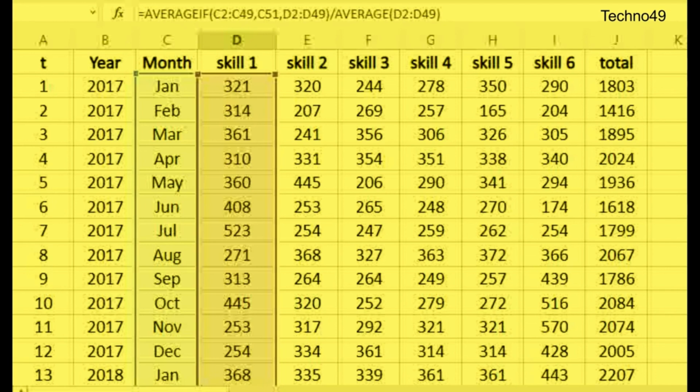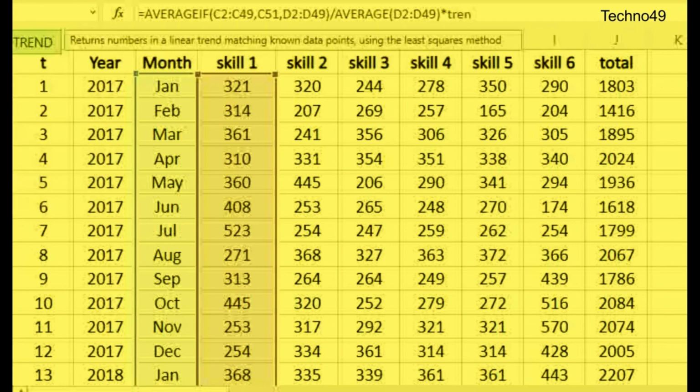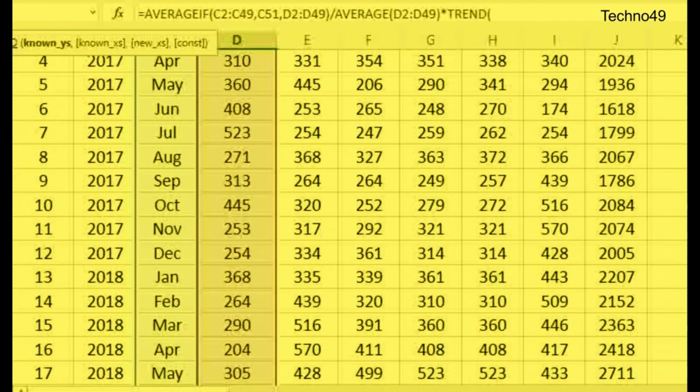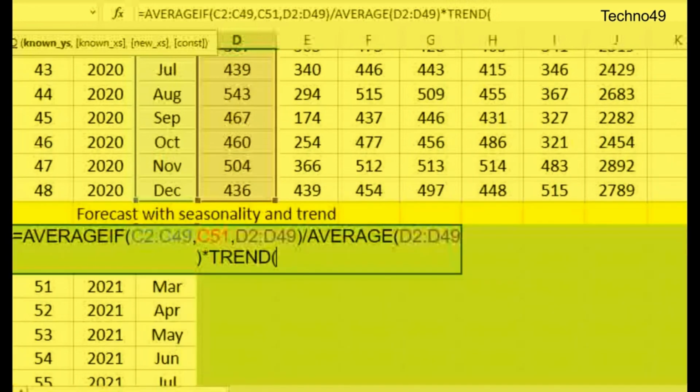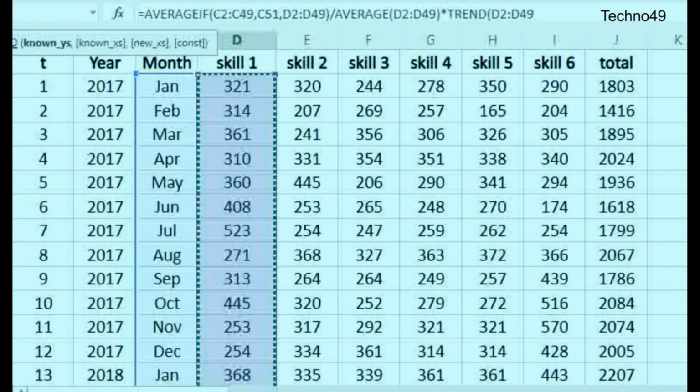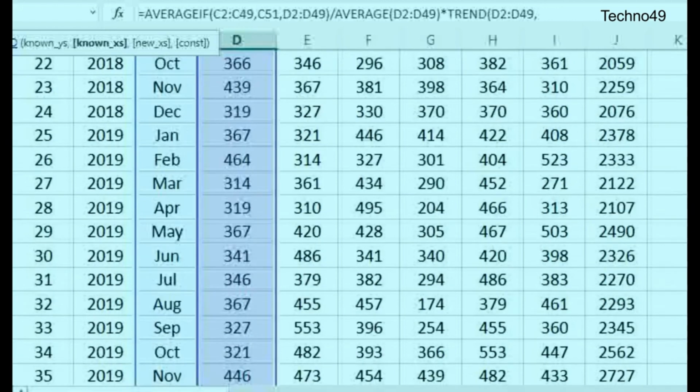So simply what we have to do, simply press multiplied trend. It says that known y would be your actual call volume for the last years, and your known X would be the time period of the past.